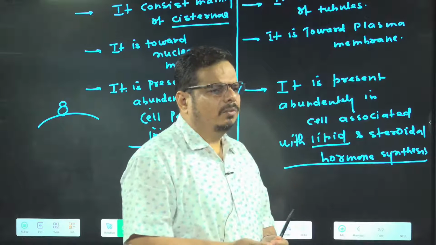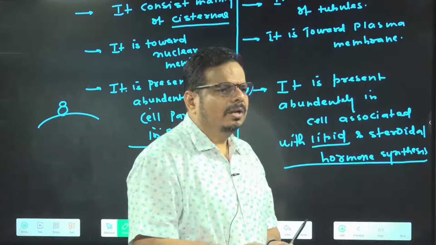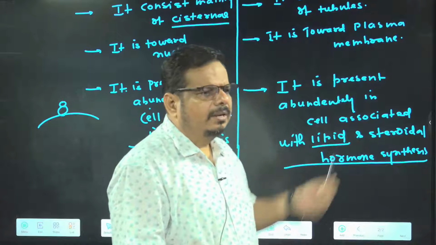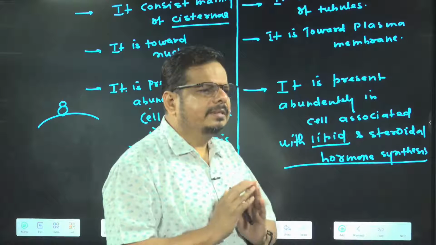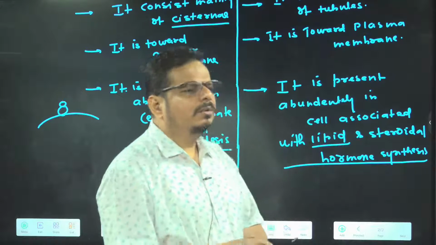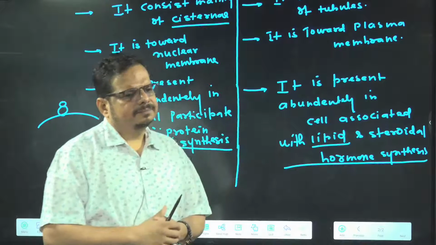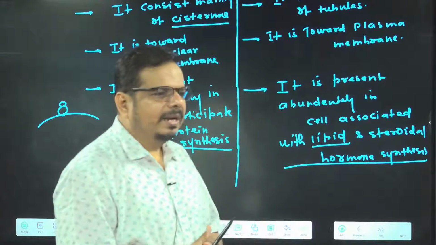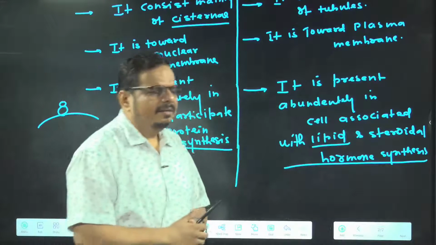All the sex hormones, testosterone, estrogen, these all are which kind of hormone? Steroidal hormones. So the cells associated with synthesis of these hormones, where smooth endoplasmic reticulum is abundantly present. Clear?